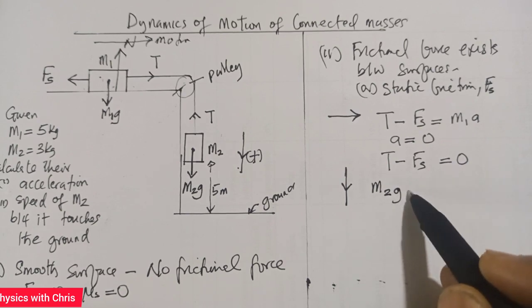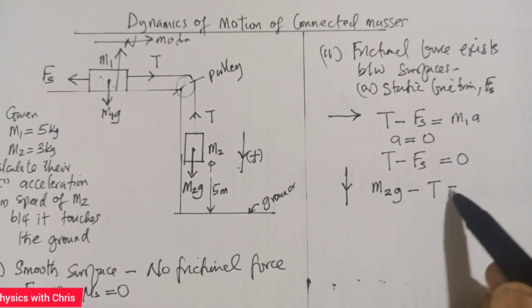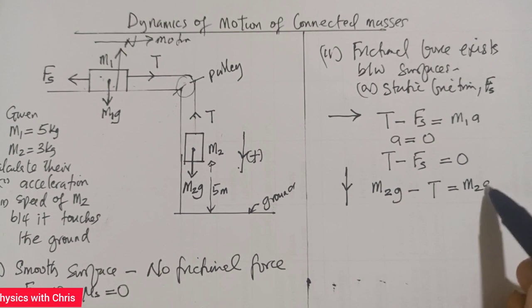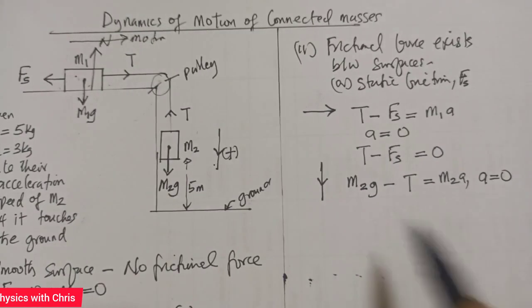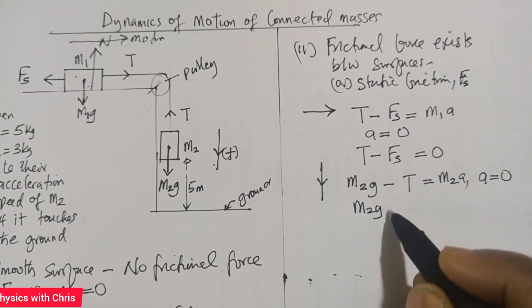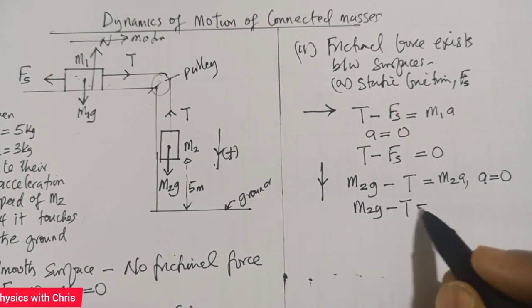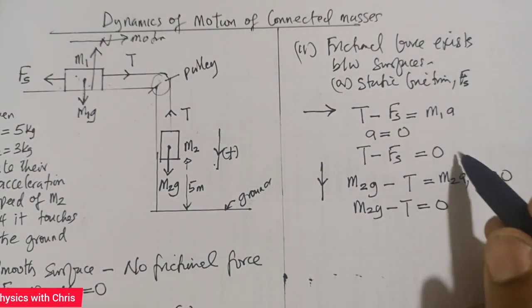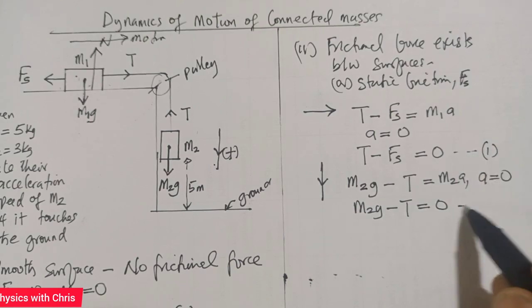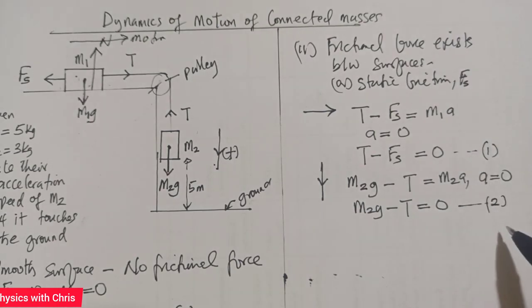So I have M2G minus tension T equals M2A. And since A is equal to 0, this reduces to M2G minus T is equal to 0. Let me call this equation 1 and label this equation 2.